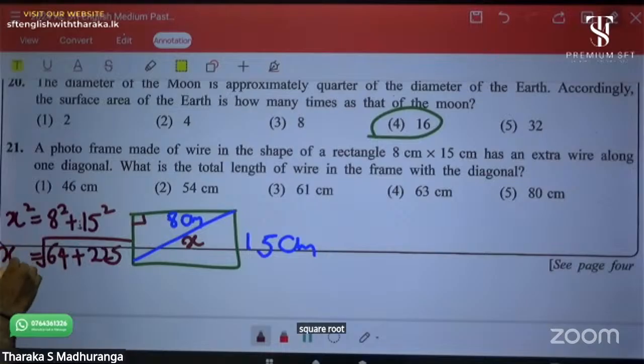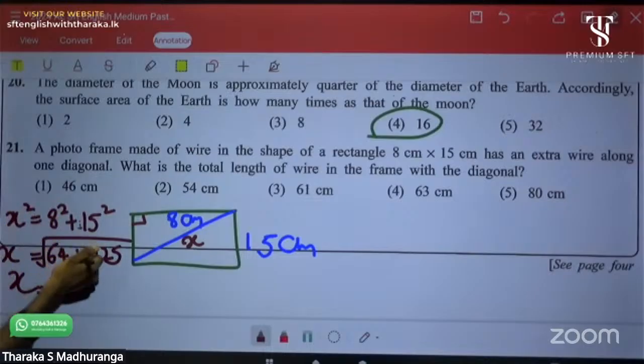Square root equals x. 225 plus 64 is 289.